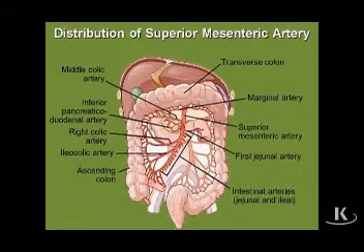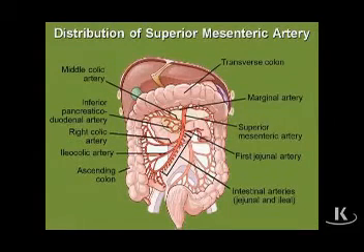However, notice that the marginal artery is not actually on the wall of the colon. It's a short distance away from the colon, and there's a series of arteries that go from the marginal artery into the wall of the colon. And those arteries, which are called vasa recti, which means straight vessels, are in fact the terminal branches that are supplying the colon. And importantly, those arteries do not anastomose with one another.